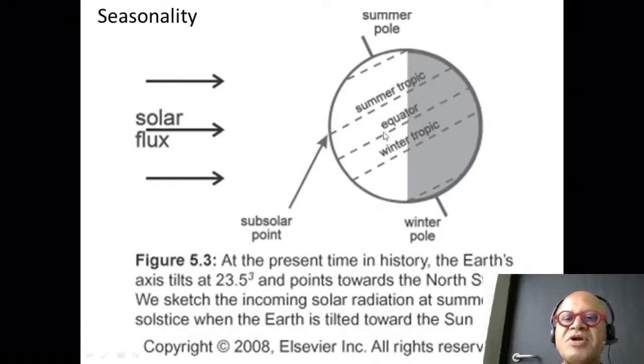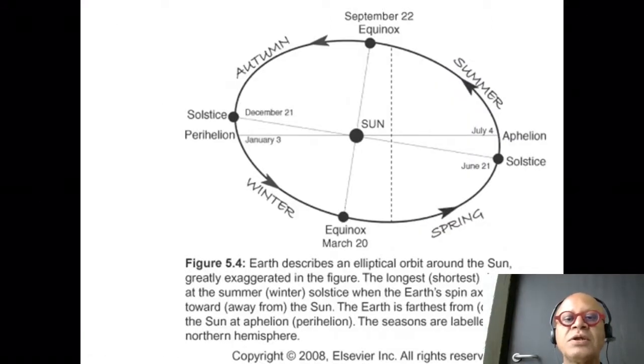Okay, so the summer hemisphere is getting radiation, and the winter hemisphere is pointing away from the sun and receiving less radiation during its winter. But the orbit is elliptic, it's not circular.